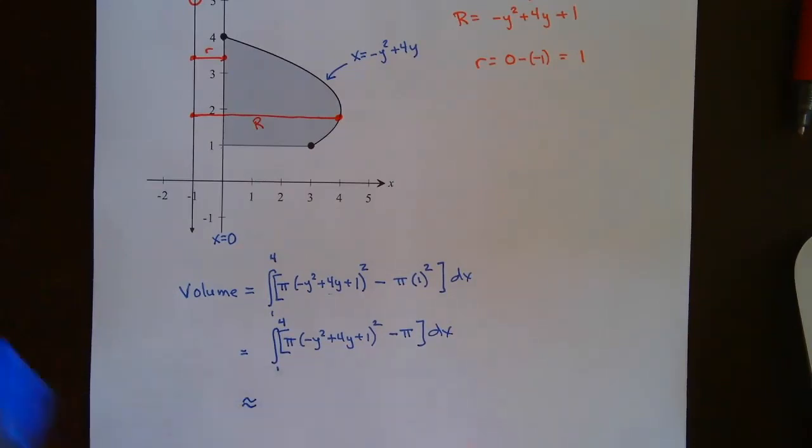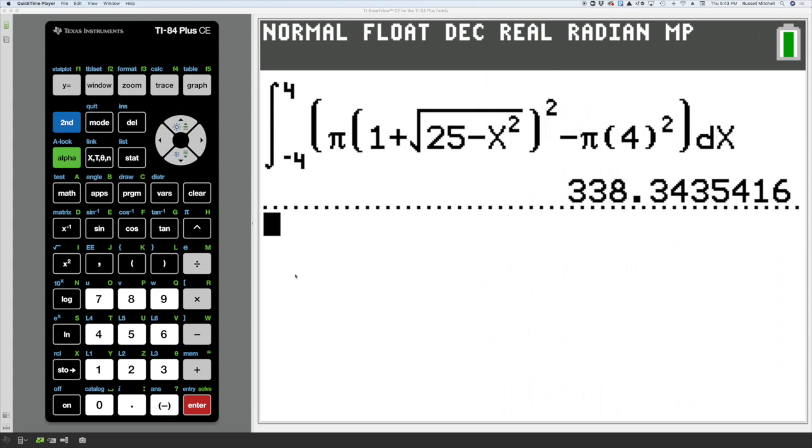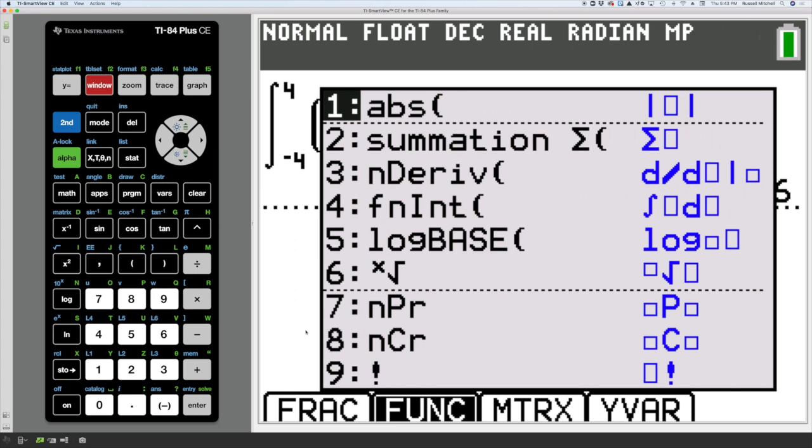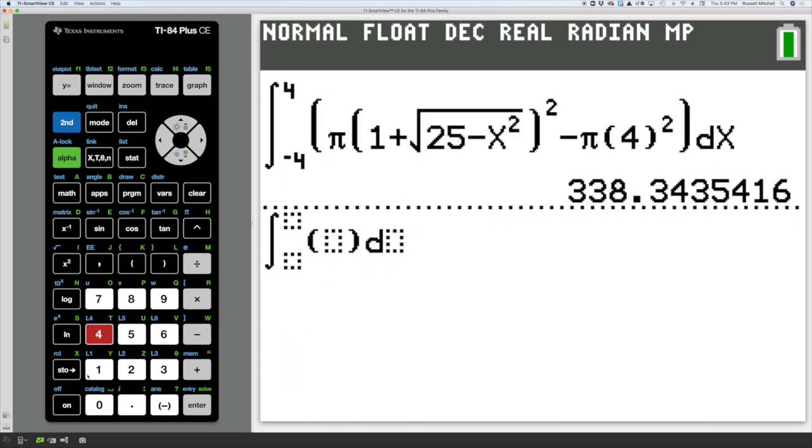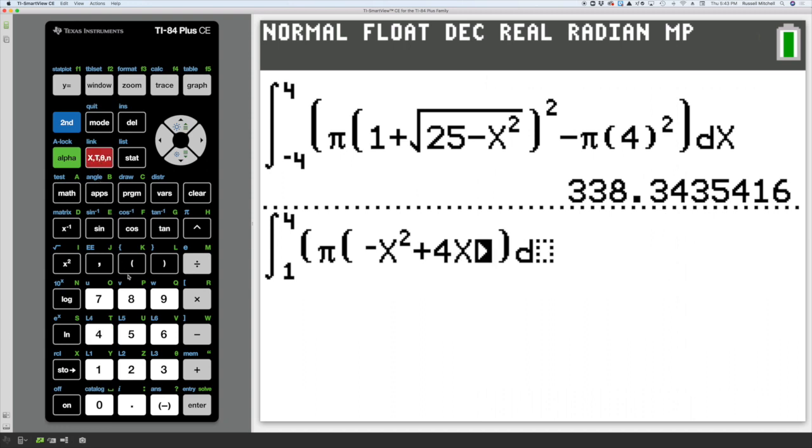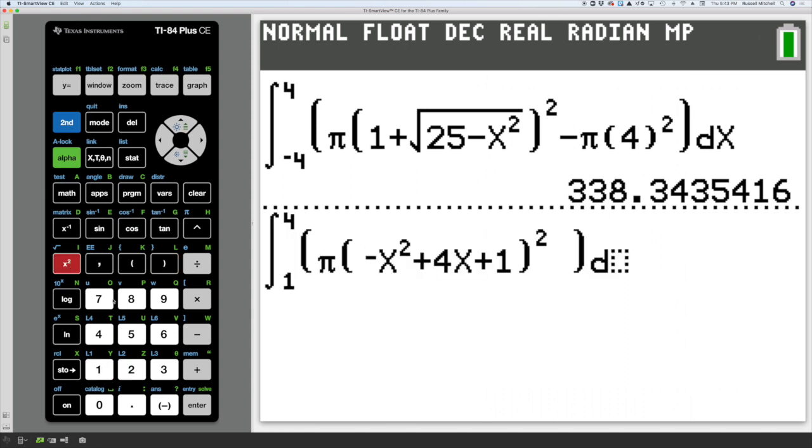So it was approximately, and we'll go to our calculator and put this one in. We do the integral from 1 to 4 of pi times parenthesis for our big R, negative x squared plus 4x, plus 1, then close the parenthesis and square it, and then minus pi, and then dx.